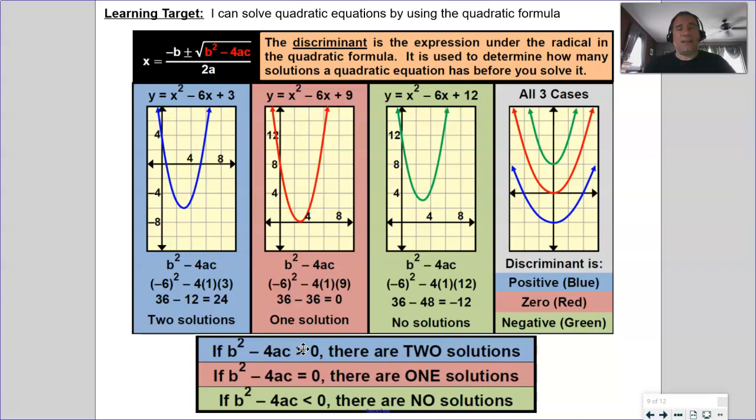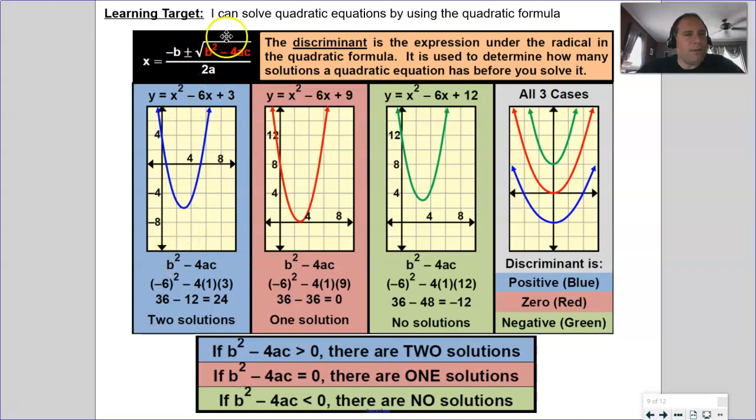And if it's less than 0, in other words, if it's a negative number, remember, you cannot take the square root of a negative. So if that number is less than 0, it's going to turn out to be no solution. Pretty simple.